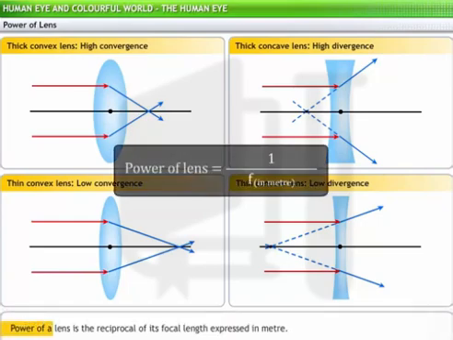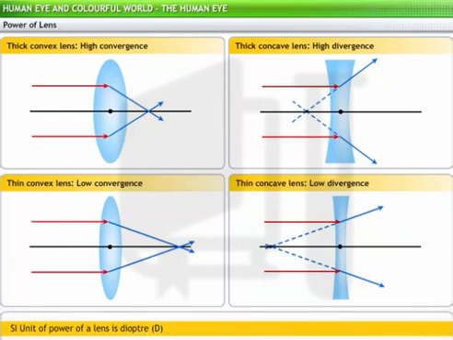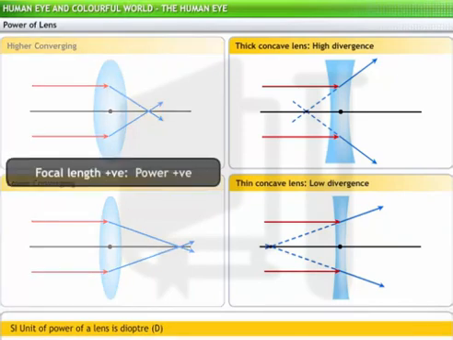Numerically, the power of a lens is the reciprocal of its focal length expressed in meter. The SI unit of power of a lens is diopter and is denoted by D. Usually, the focal length of a convex lens is considered positive. Hence, its power is also positive.